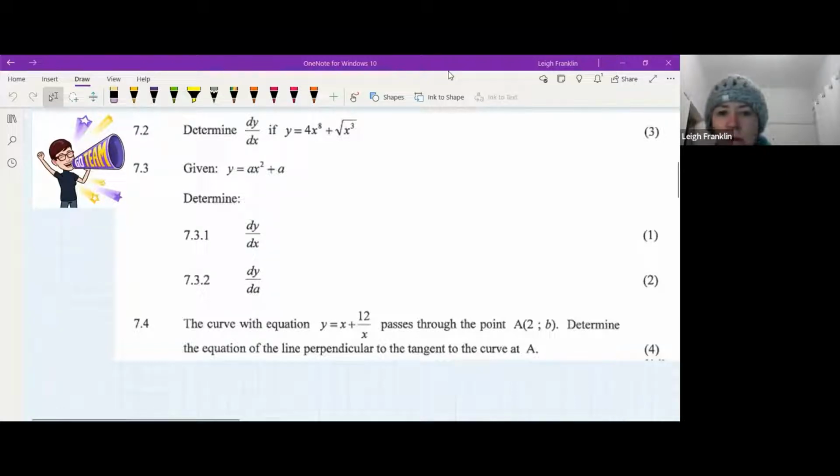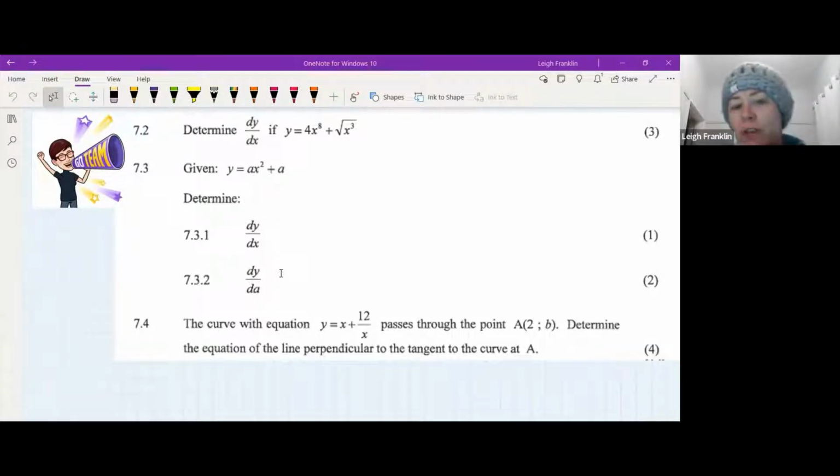I think Atisha wants to know, what do they mean with dA in 7.3.2? Oh, okay. Sorry, I misunderstood you completely. Okay, Tisha, in 7.3.2, they want you to differentiate y with respect to a, not y with respect to x.